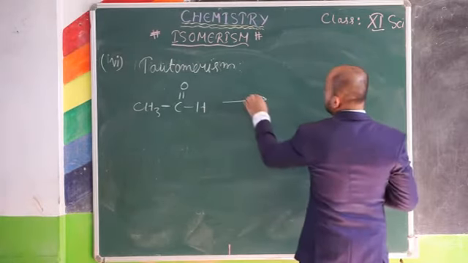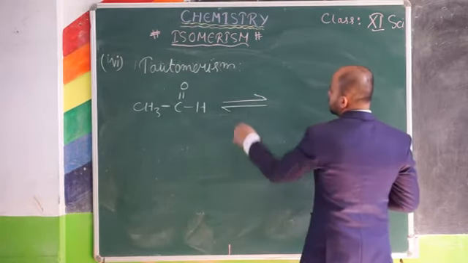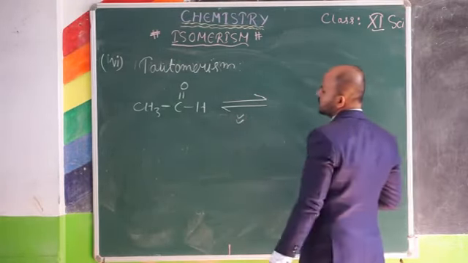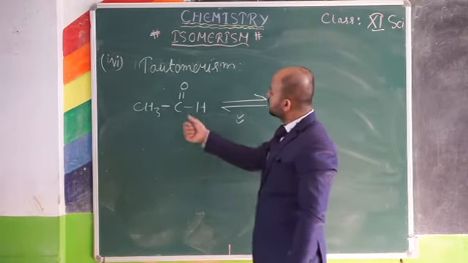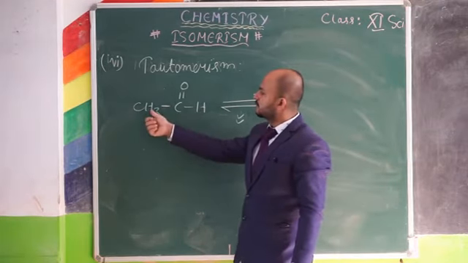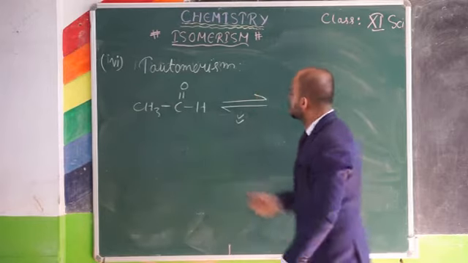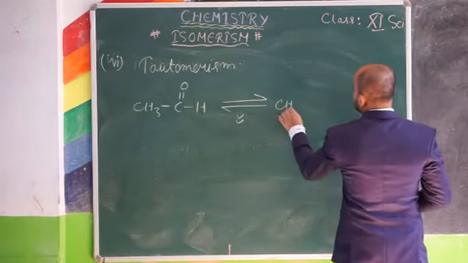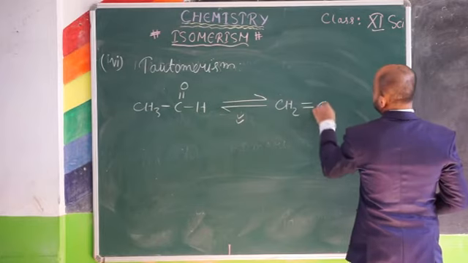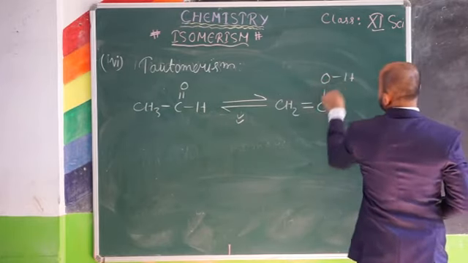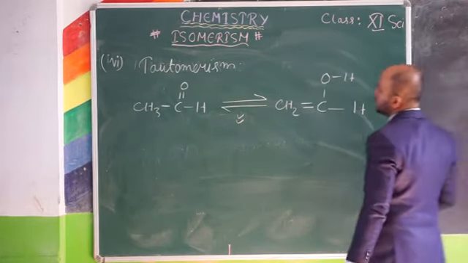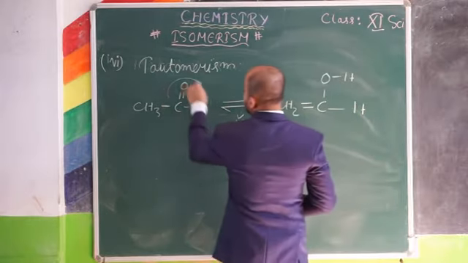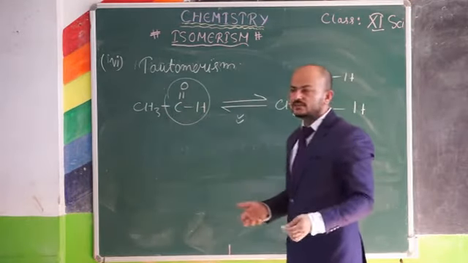Okay? Now, these are reversible. Please remember this. Tautomers are in dynamic equilibrium. Now, what will happen is, one of the hydrogens from here can be shifted here, so that you can have CH2, COH, H. Now, here you can see that this is an aldehyde, that means it has the carbonyl group.